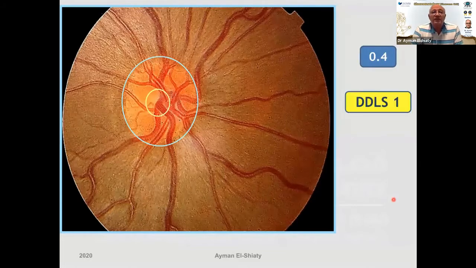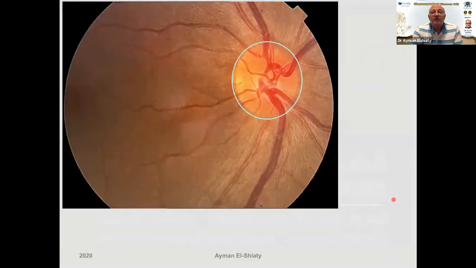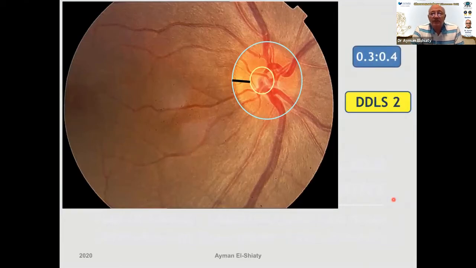So this is disc damage likelihood scale 1, and this is the circumference of the disc, the circumference of the cup, and this is the thinnest part of the rim. It's 0.3 to 0.4 of that of the disc. So this is disc damage likelihood scale 2, and this is on the temporal side.